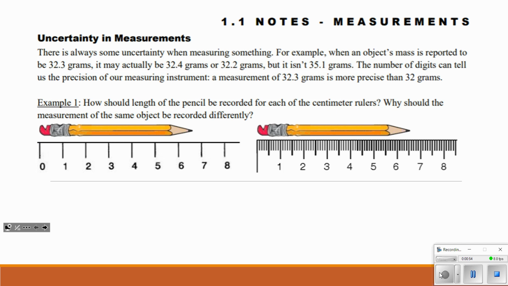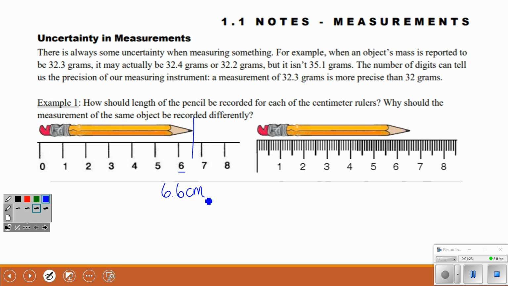So example 1, how should the length of the pencil be recorded for each of the centimeter rulers? Why should the measurement of the same object be recorded differently? When you are looking at the length of the pencil here, for this one, we could say this is 6.6 centimeters.